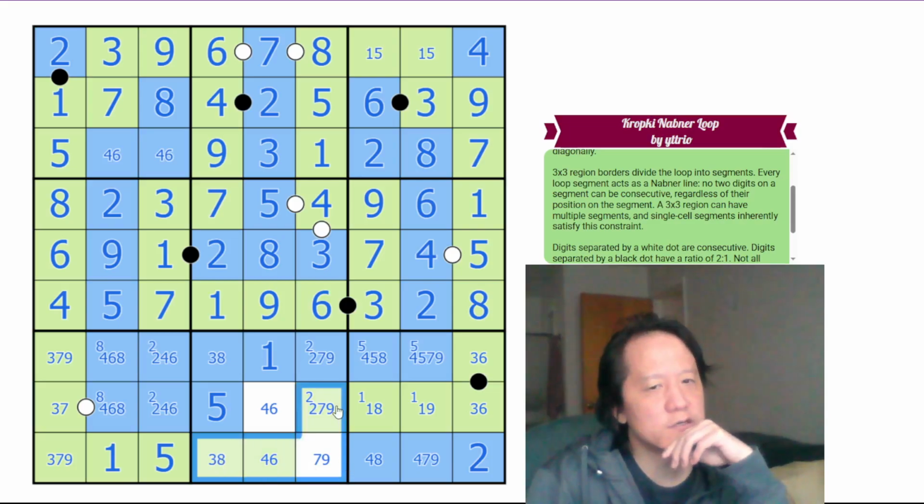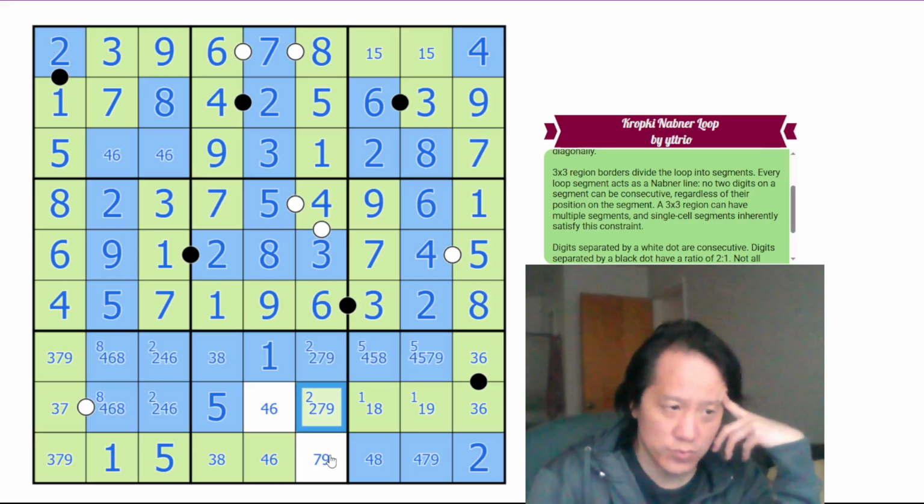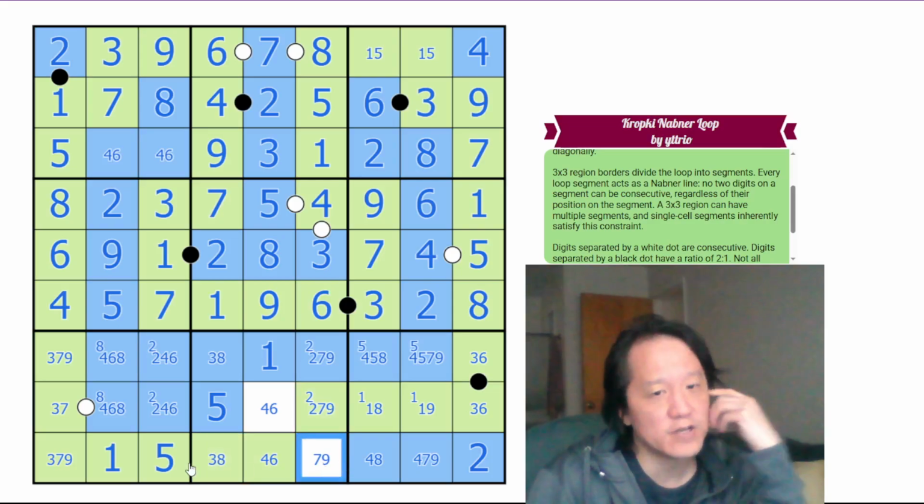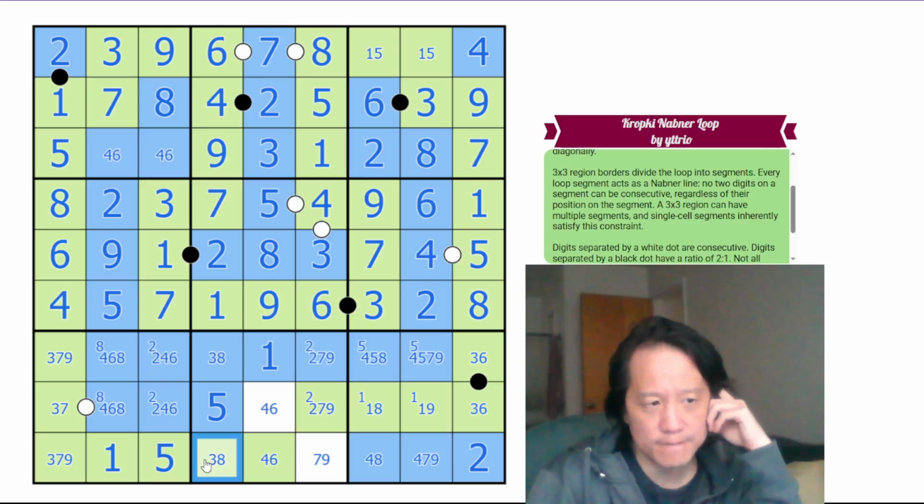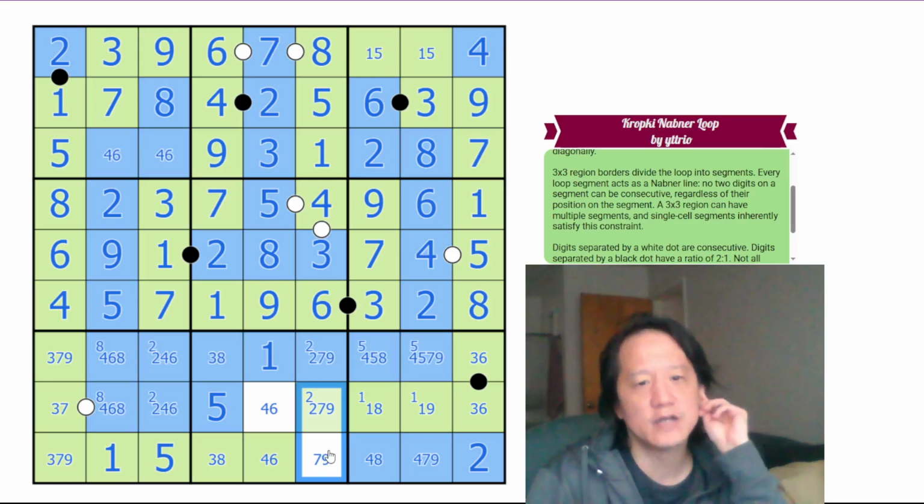Right, so it still could be 2, right? With 9, no. If it goes this way, yeah, the 7-9 forces this to be a 3. So it'd be 3, 6, 7, 9, 7, 9 in that case.